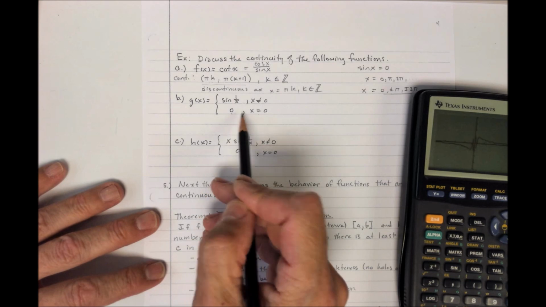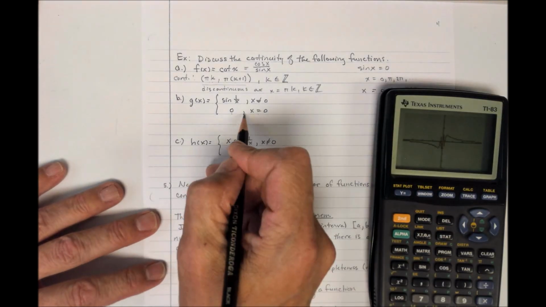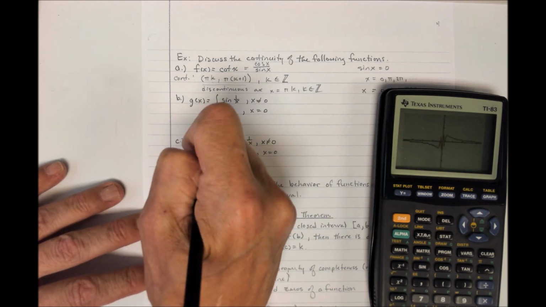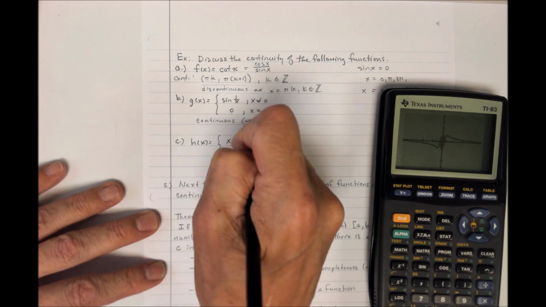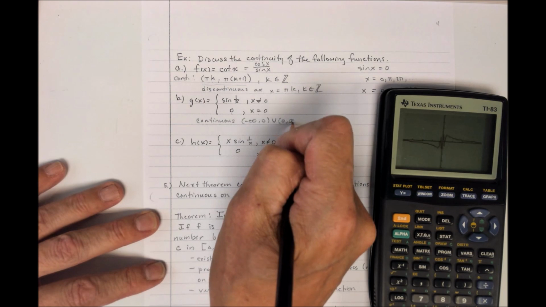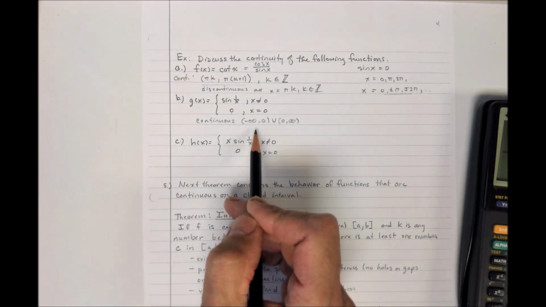This is not going to give us the kind of value that we're looking for, and this is not going to be continuous at 0. So it is continuous from negative infinity to 0, and then from 0 to infinity. And we have a non-removable discontinuity at x equals 0.